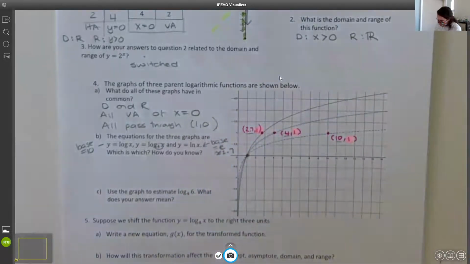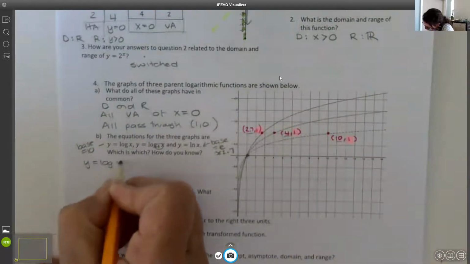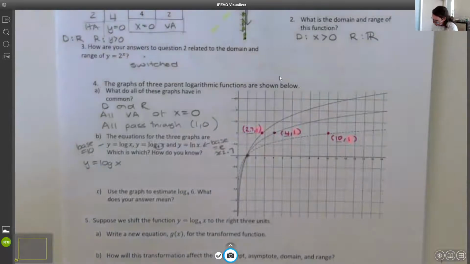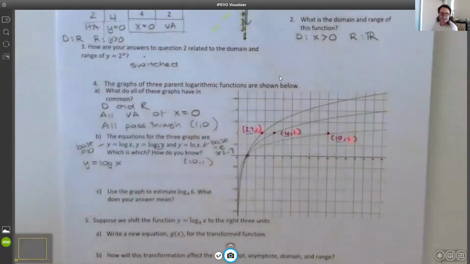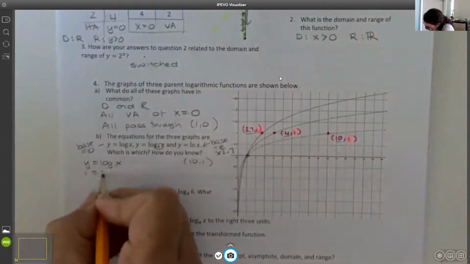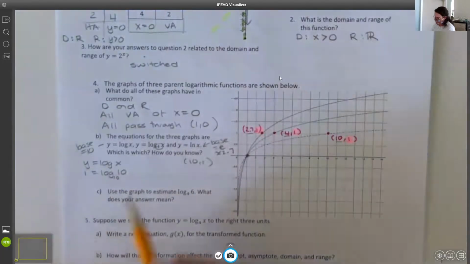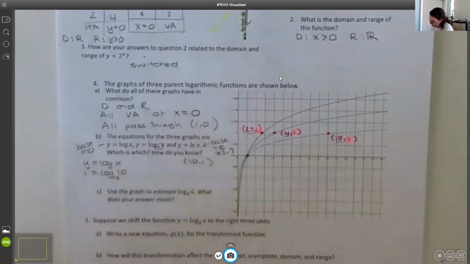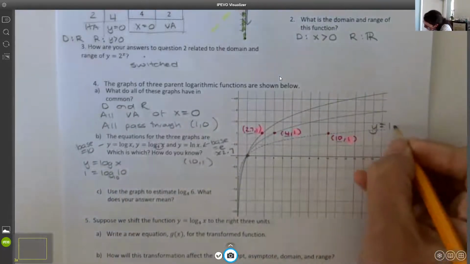So if you have the function y equals log of x, and you put in the point (10, 1), 10 is the x value, 1 is the y value, that's going to be 1 equals log of 10. If there's a base of 10, you know that log base 10 of 10 is equal to 1. So this function here has to be equal to log of x.